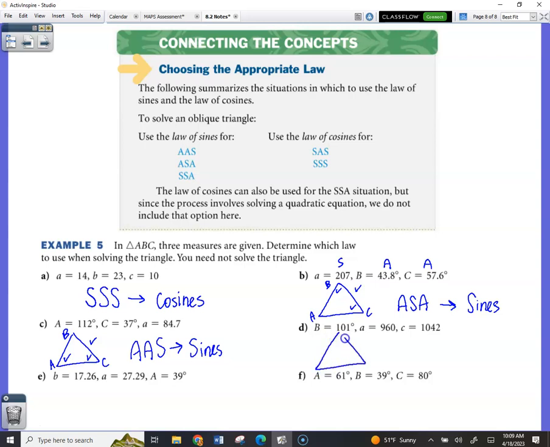B, they give me angle B, side A, side C. So that's side-angle-side, which is majority sides. So that's law of cosines.